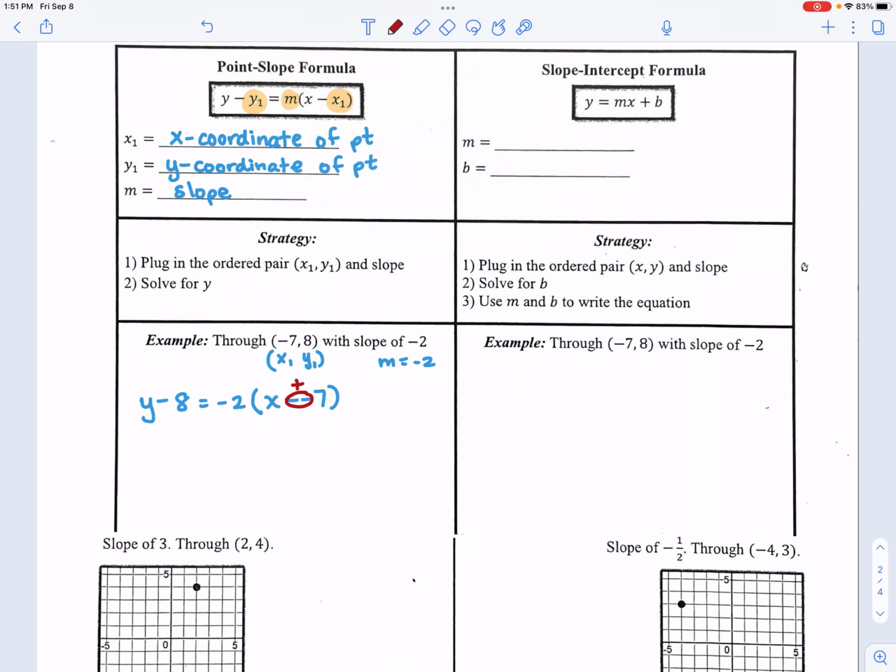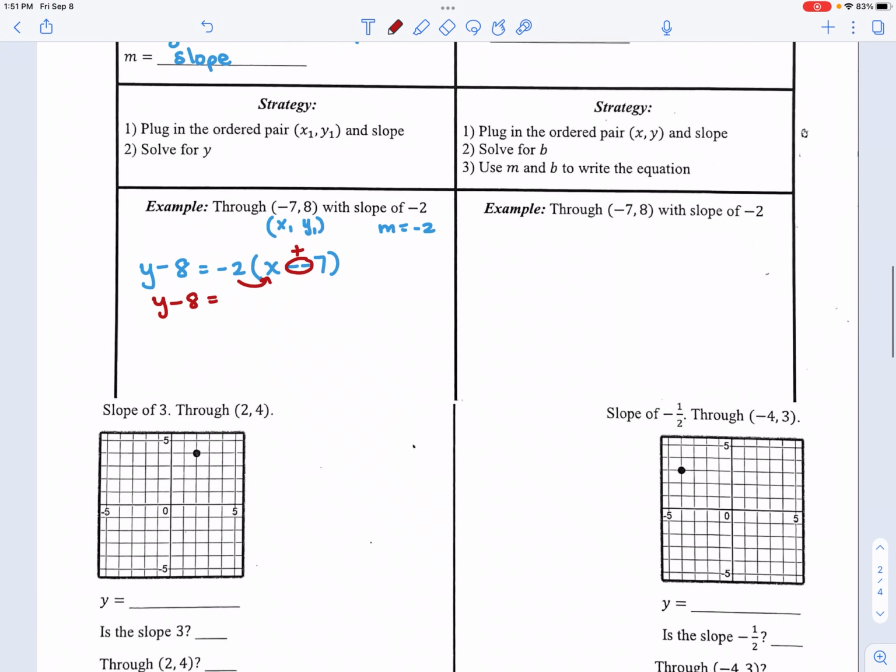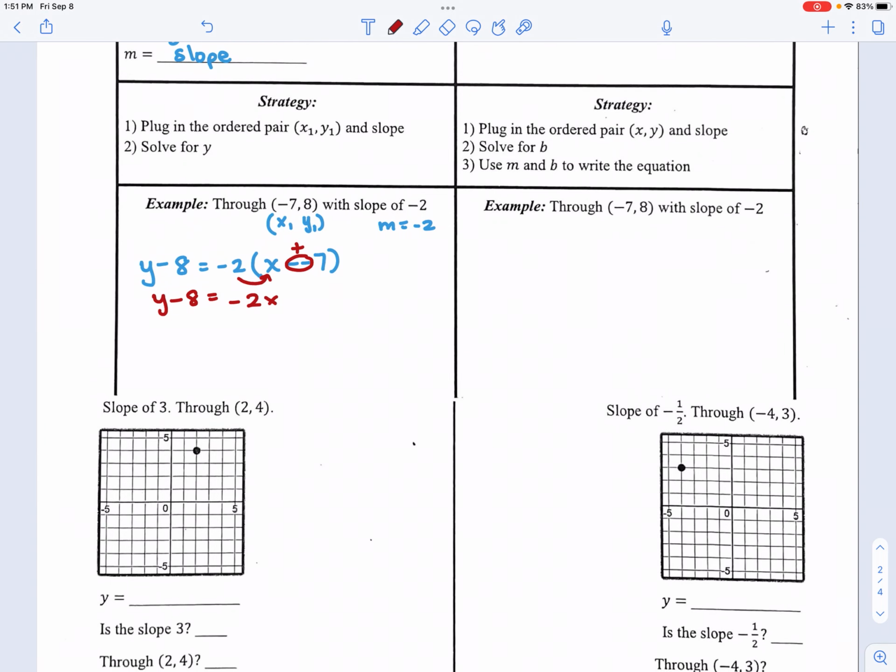And now step 2, solve for y. So we have y minus 8 equals, and here I'm just going to distribute. -2 times x is a -2x, and then a -2 times 7 is a -14. To solve for y, all I do is add 8 to the other side, and we get y equals -2x minus 6, and we're done.